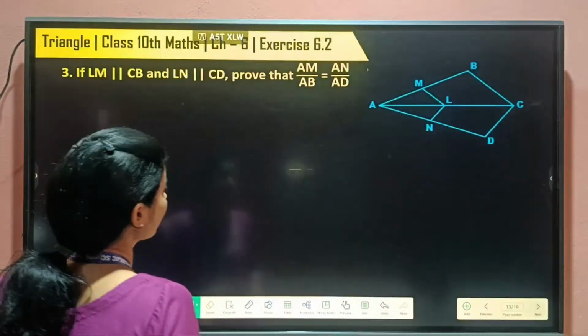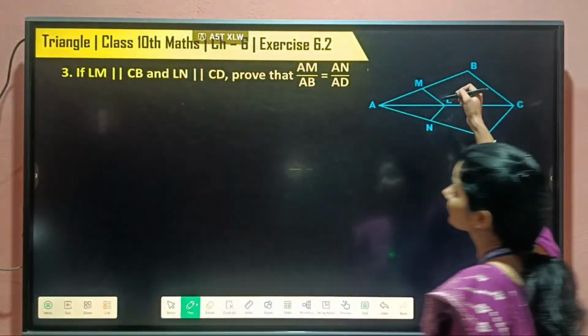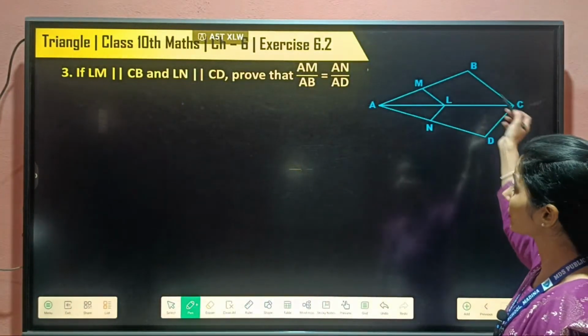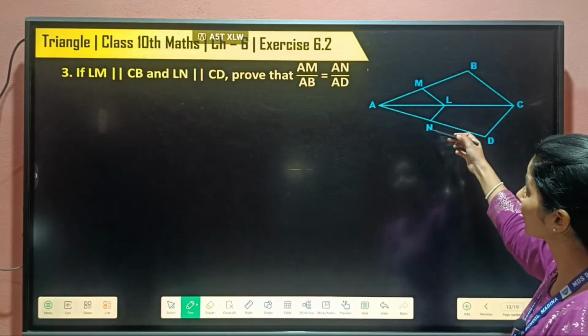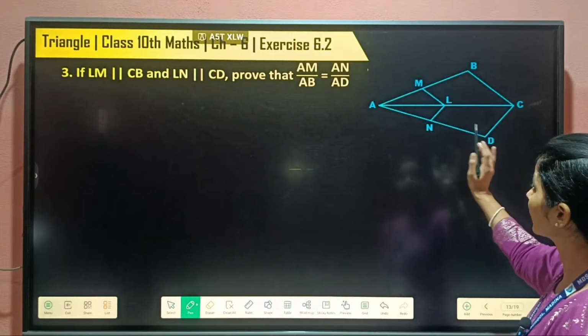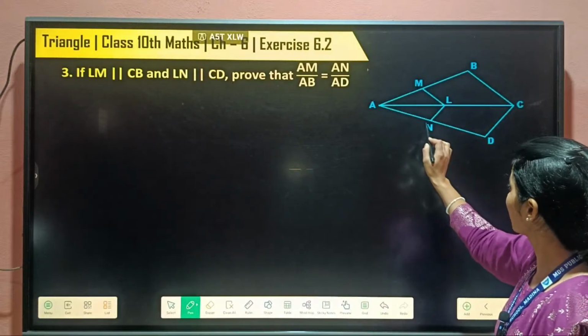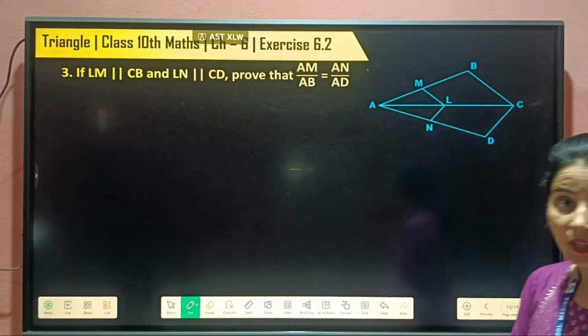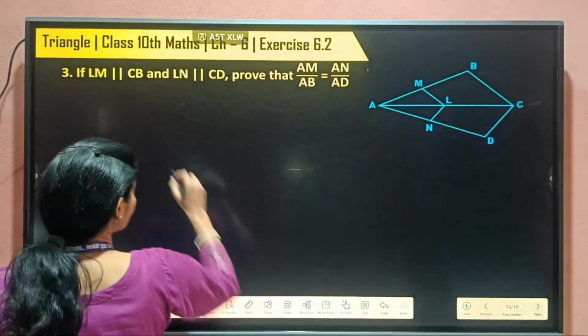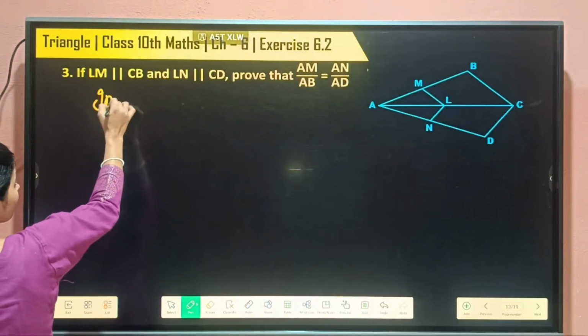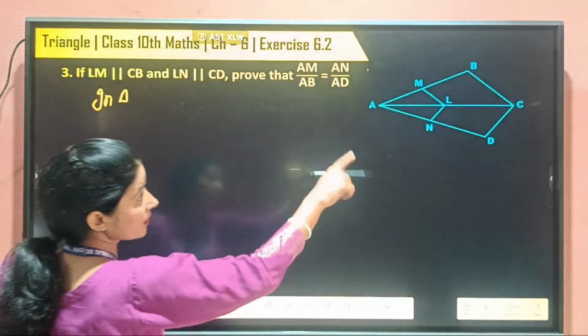If LM is parallel to CB and LN is parallel to CD, then we need to prove AM by AB equals AN by AD. Let us see in triangle ACB.